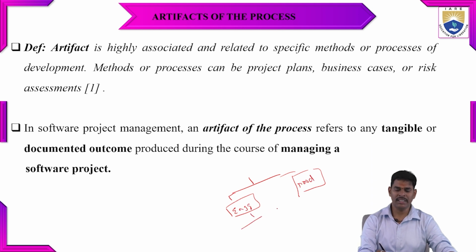In the engineering phase, it is again divided into two types: one is the inception phase, and another one is the elaboration phase. In the production phase, it is divided into two types: one is construction, and the last one is transition.